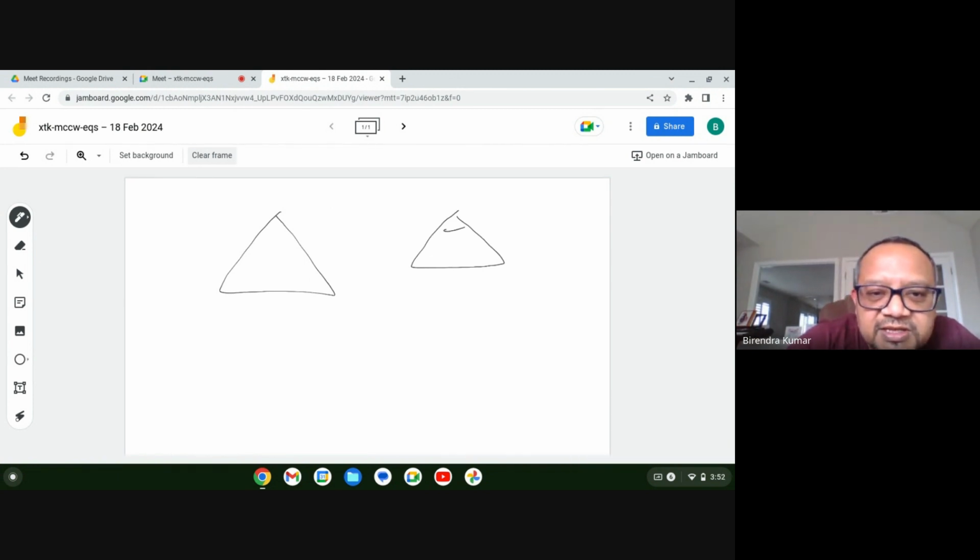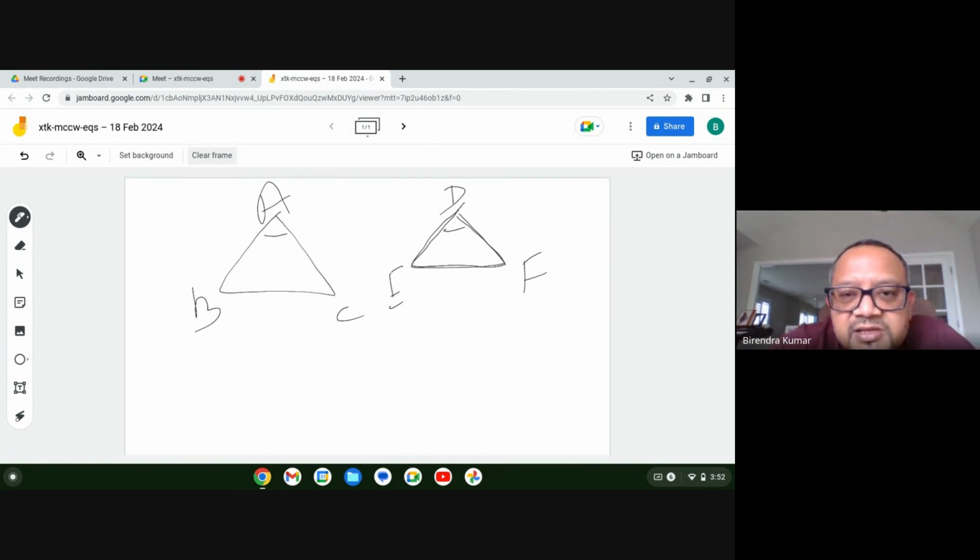Let's say these two are similar triangles: A, B, and C. This is D, E, and F. If I say these two triangles are similar triangles, meaning all the three angles have a matching value in the other triangle, let's say this angle and this angle match, and this angle and this angle match. So these two triangles ABC and DEF are similar triangles.